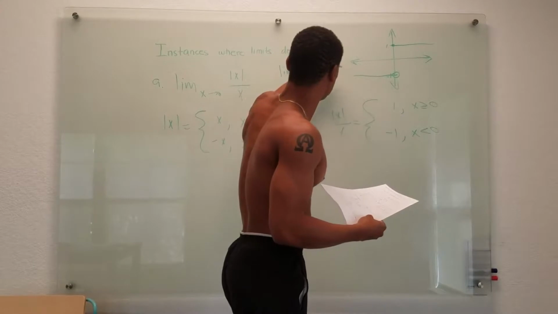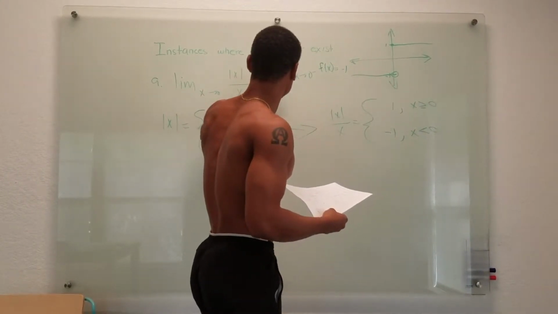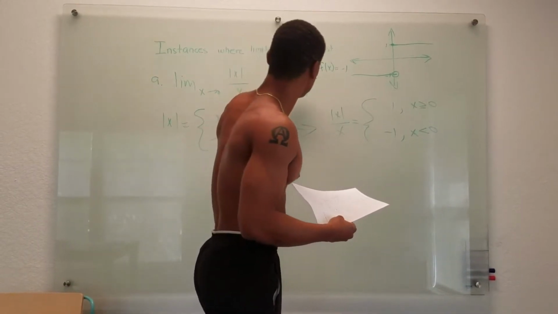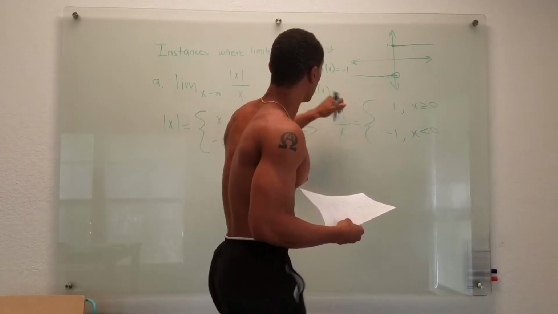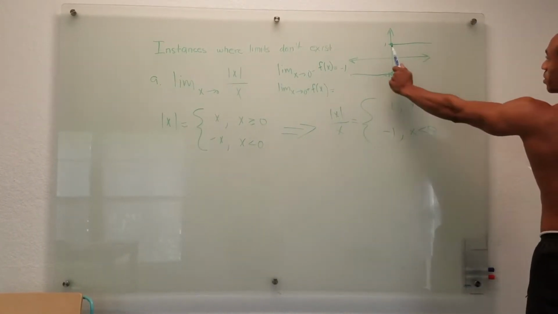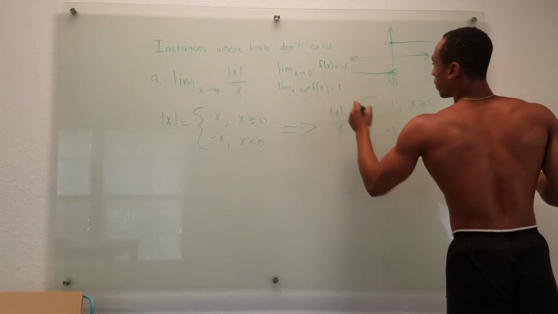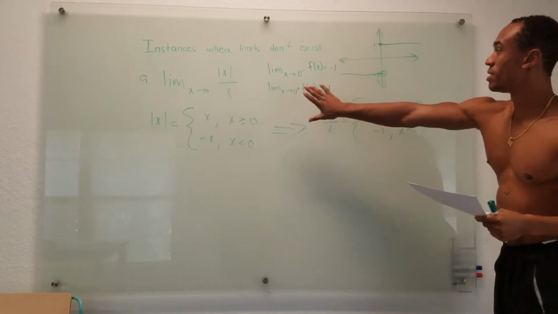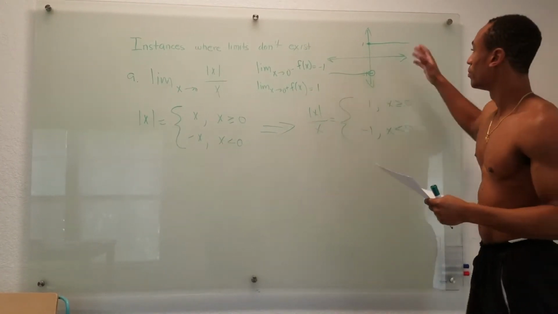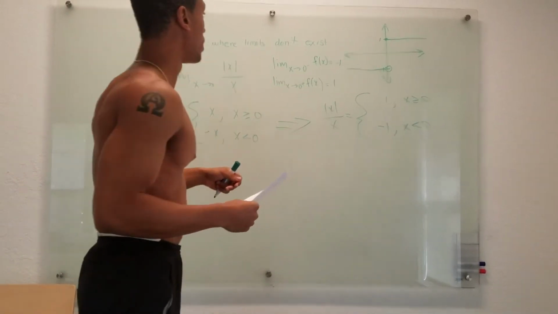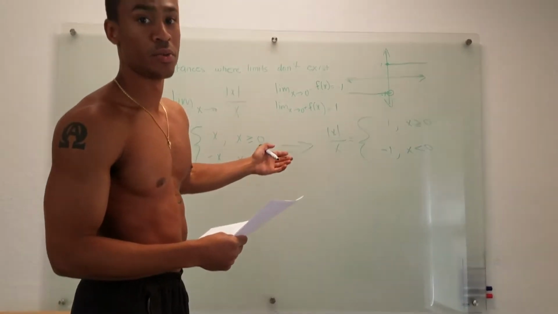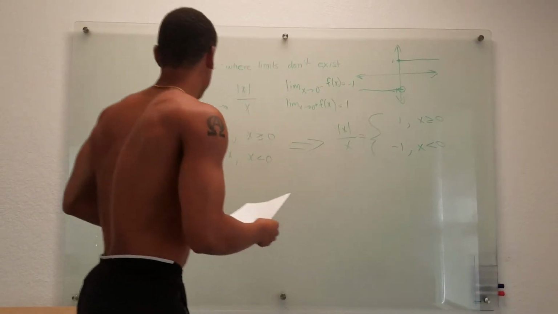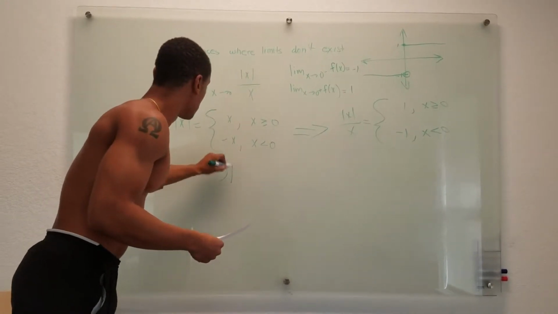If we were approaching 0 from the right, using the plus sign, we would get 1. And as you can see, negative 1 does not equal 1. So this limit doesn't exist, and you call it a jump discontinuity because we have this jump from negative 1 up to 1. So we're going to just put does not exist.